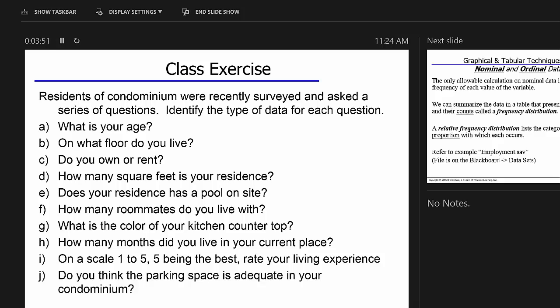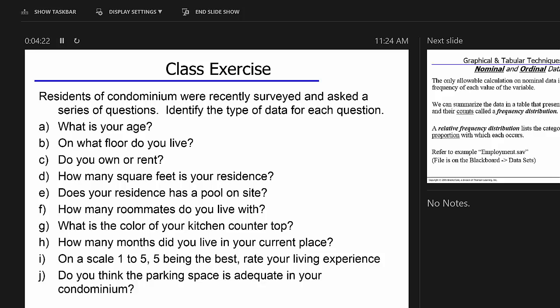Okay, how many roommates do you live with? If I live by myself with 0 roommates, if I have 1 roommate, it's 1, 2, 3, etc. So what type of data is that? Choices are interval, nominal, or ordinal. Caitlin, what do you think?